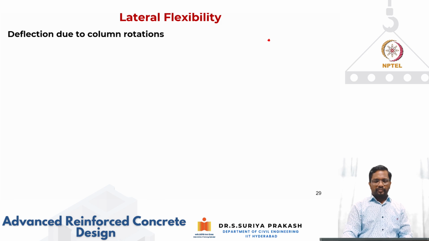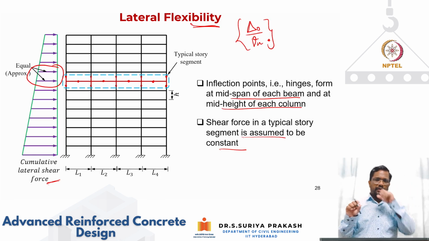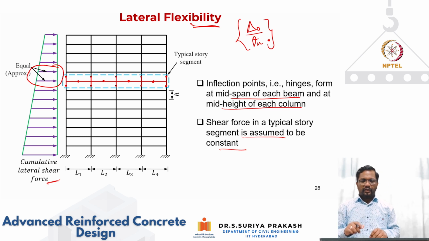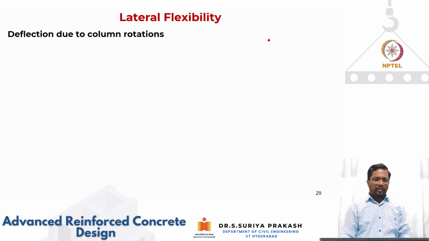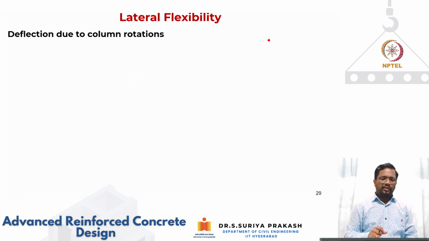If I take this simple story, with an assumption of a point of inflection at the mid height of the column and mid location of my beams, then we can make two assumptions.